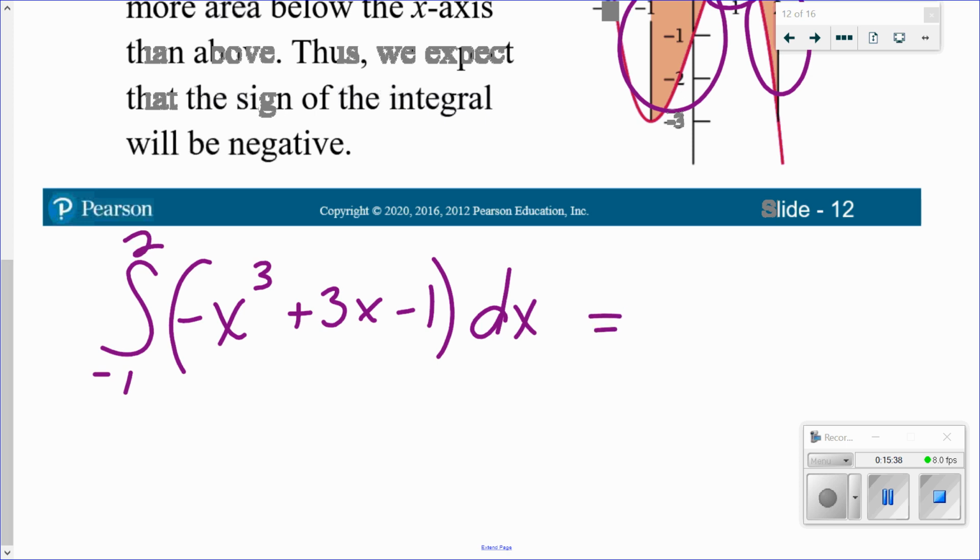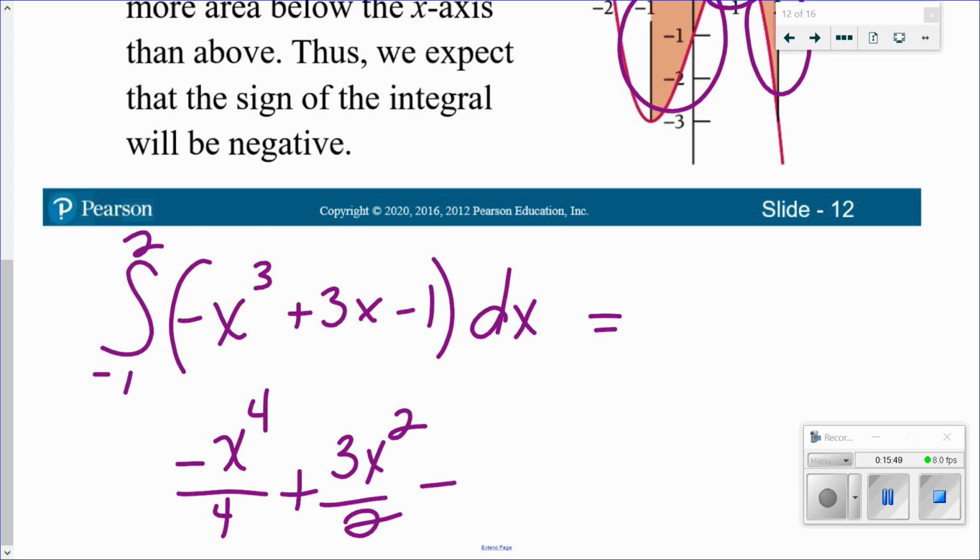Okay, so our antiderivative will be negative x to the 4th over 4 plus 3x squared divided by 2 minus x. We are going to evaluate that at 2 and -1.